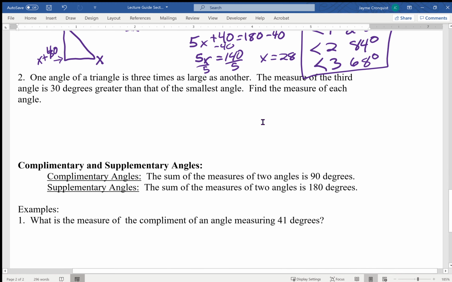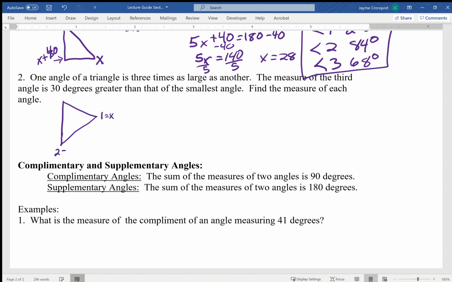Okay, one angle of a triangle is 3 times as large as another. Didn't we just have this? So angle 1 is x. Angle 2 is going to be 3x.